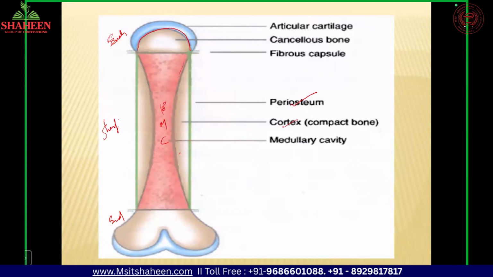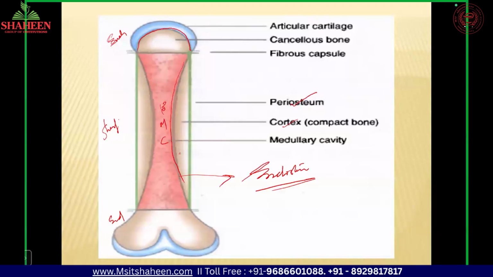The bone marrow cavity is lined by endosteum. You got an idea about the coverings: periosteum, not endothelium, it is endosteum. So periosteum, cortex, endosteum, bone marrow cavity.